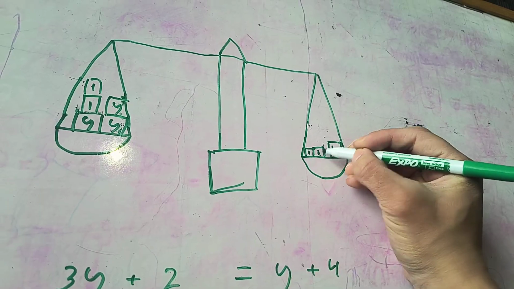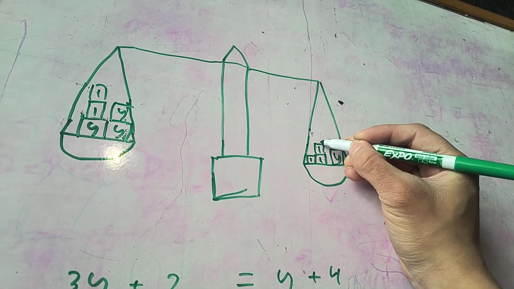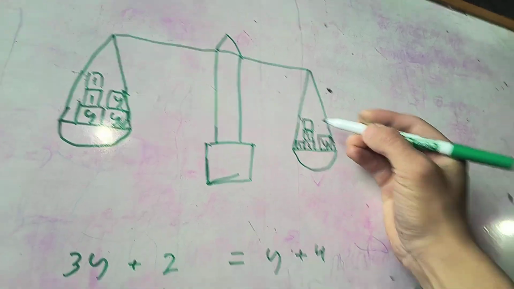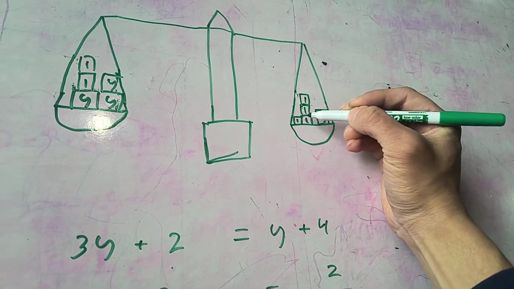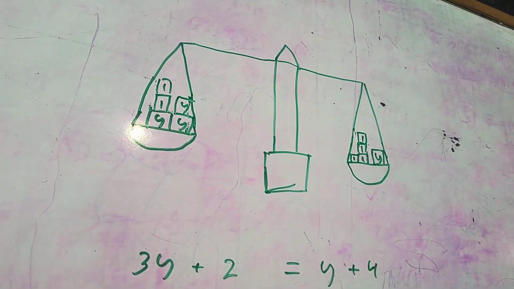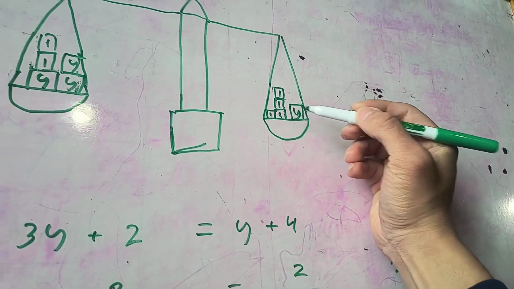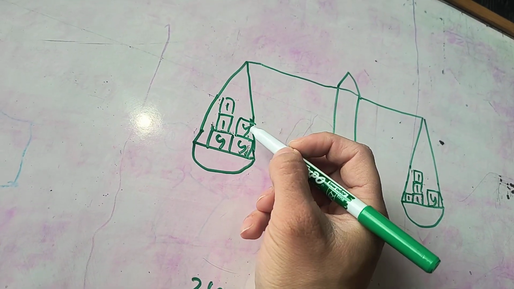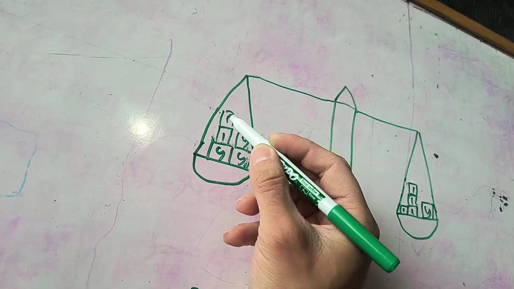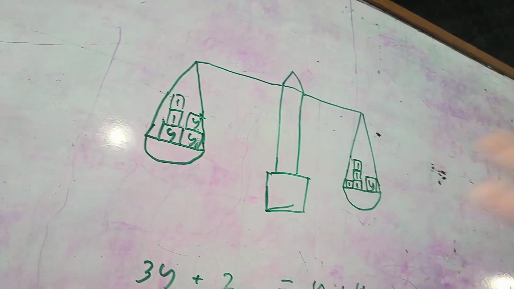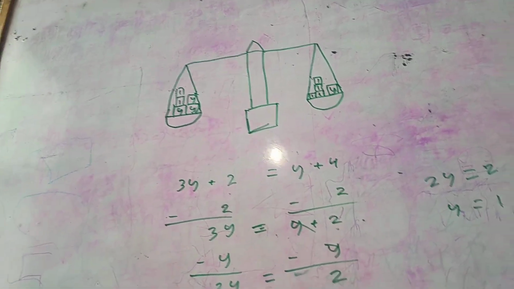Then we have a 1 right here, a 1 right here, and a 1 right there. So this is 4, and that's 2. So if y is 1, this whole thing turns into 5. And on the other side, if y is 1 right here, we have 3, 1, 2, 3, and then 4, 5. So yep, they're equal in weight.